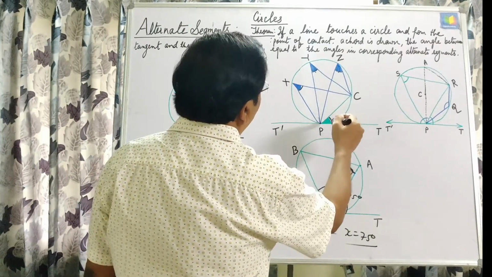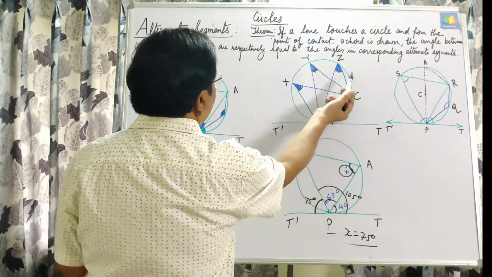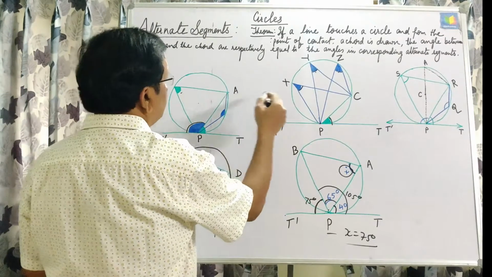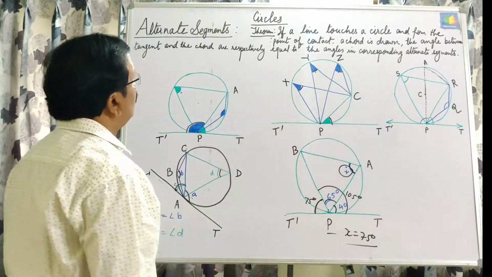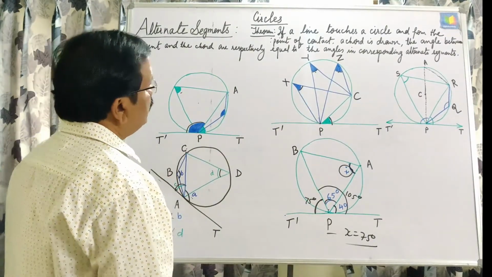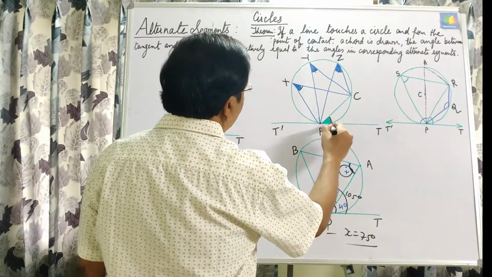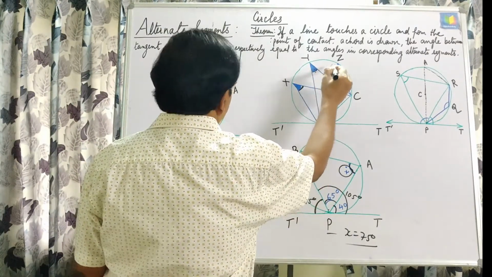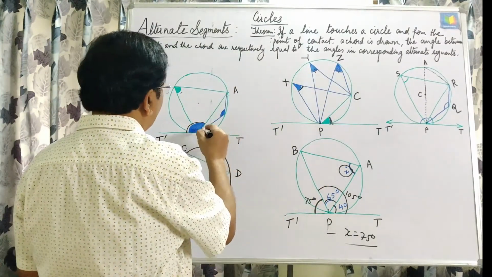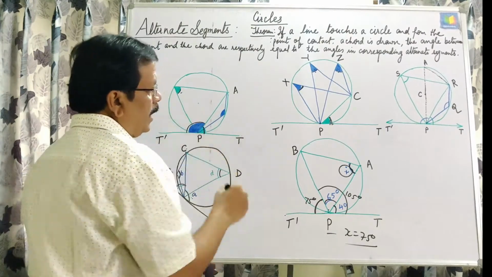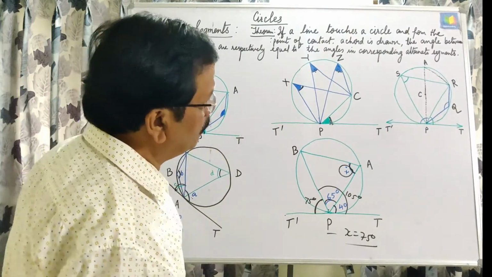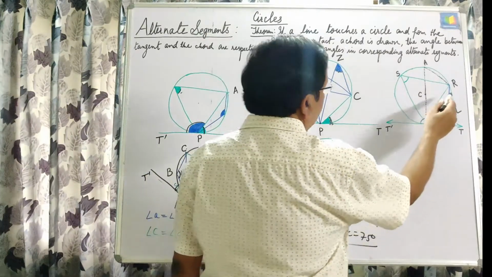And if this chord is drawn, this chord divides the circle into two segments which are alternate to one another. Then this angle is equal to this or this or this, or here also this is equal to this. And we will prove this theorem with the help of this figure.